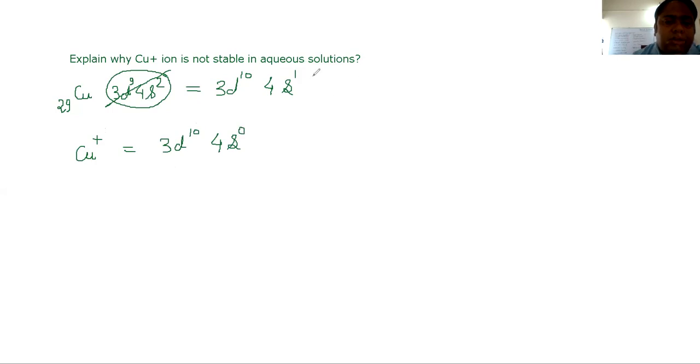One electron is given out. In Cu2 plus ion, it forms 3d9.